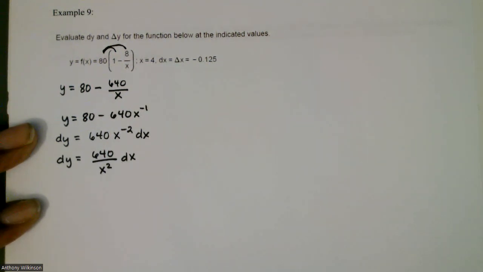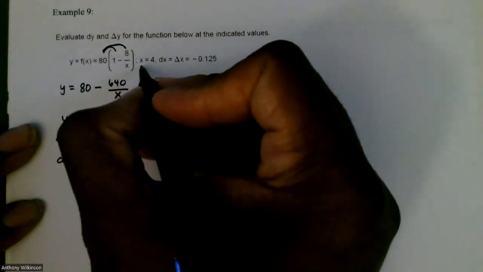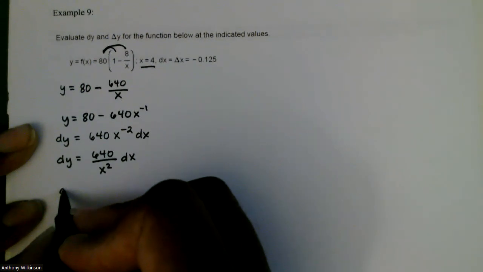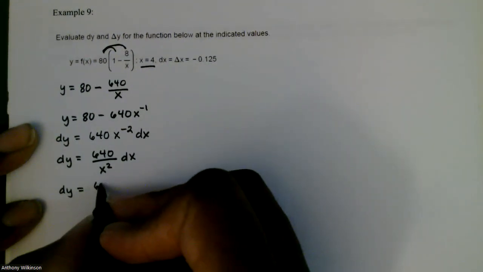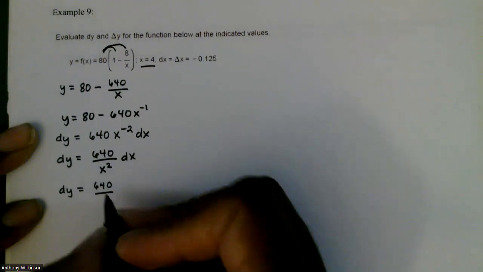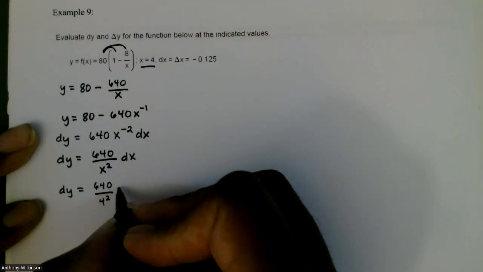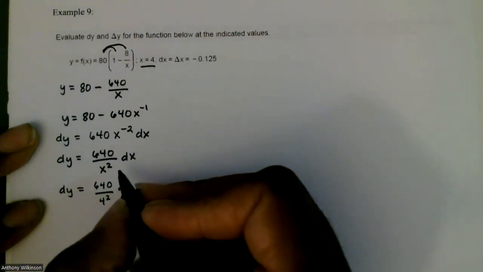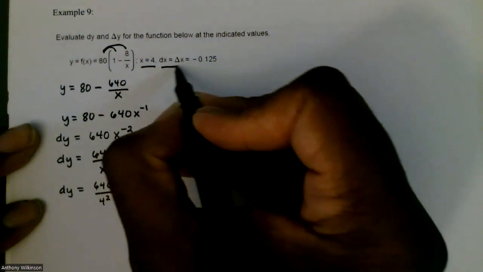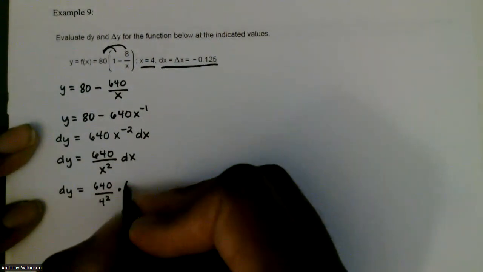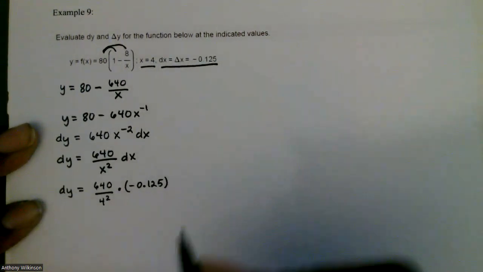Now let's go ahead and find out what dy is going to be. And here x is equal to 4. So for dy, I just substitute the x with 4, so it'll be 640 over 4 squared times dx. In this case, dx, which is the same as delta x, is negative 0.125.